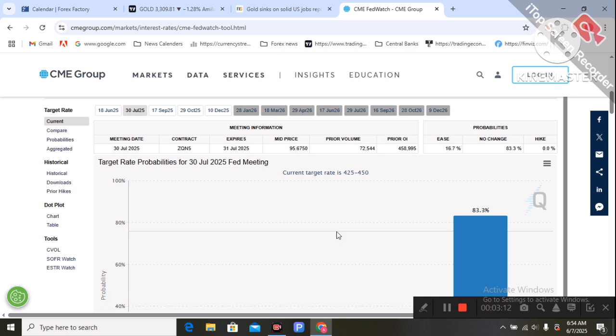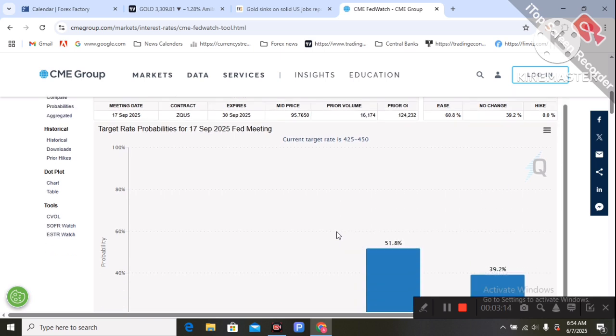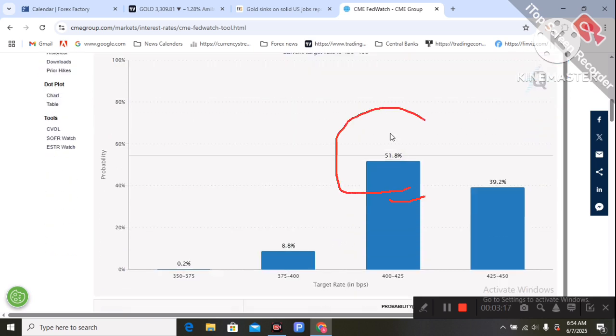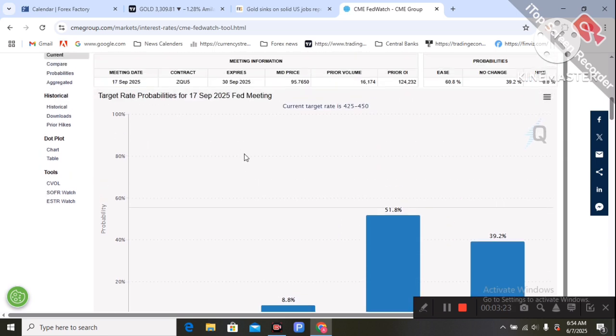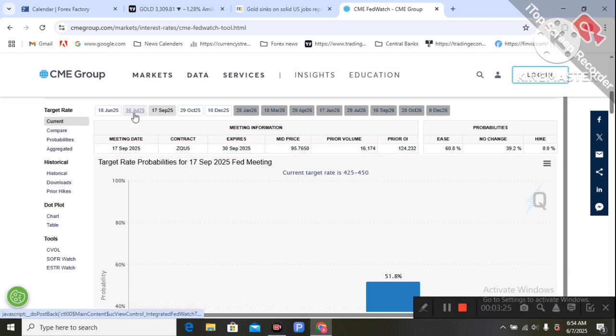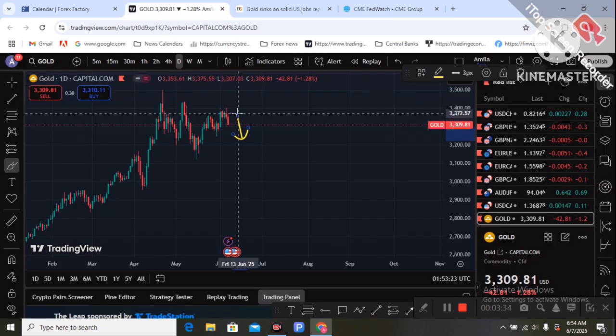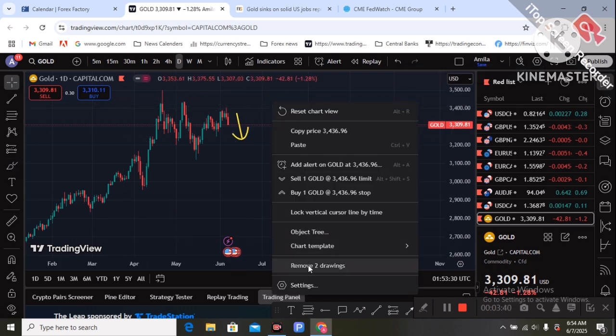Interestingly, for the September FOMC meeting, you can see a 51% rate cut priced in, a 25 bps cut. If the rate cut forecast increases, that will help gold push to the upside. Remember, rate cut forecast increase will help gold push to the upside.